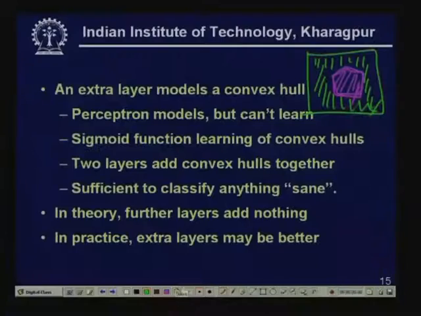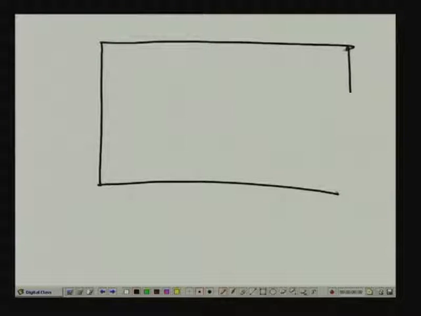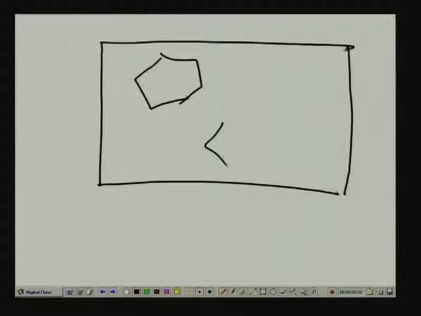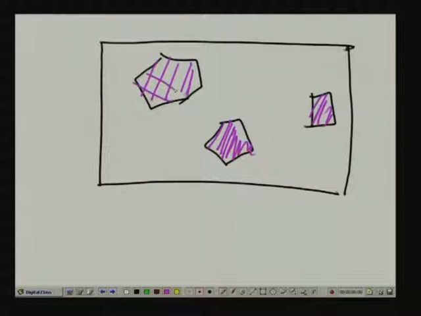For example, suppose we have a problem, let me just take a white paper. Suppose we have a problem where, let us say, the positive region is mapped by a number of convex hulls. So, this is the positive region given in pink, and the rest of the region is negative region given in green.